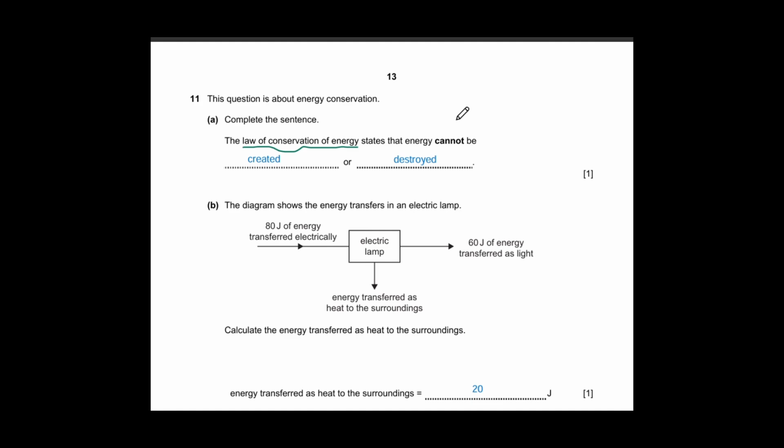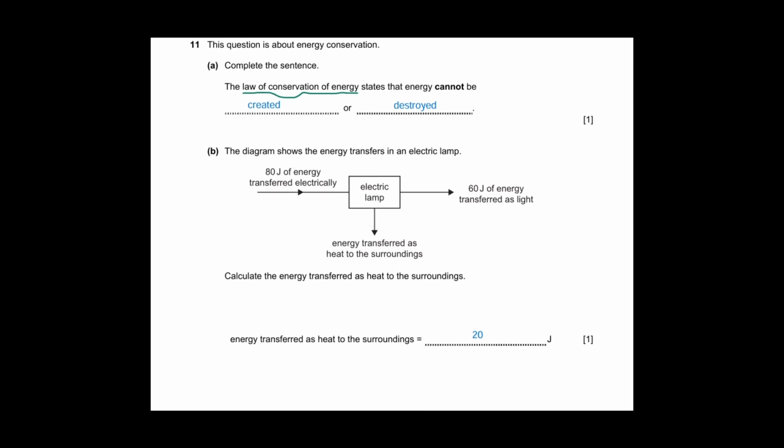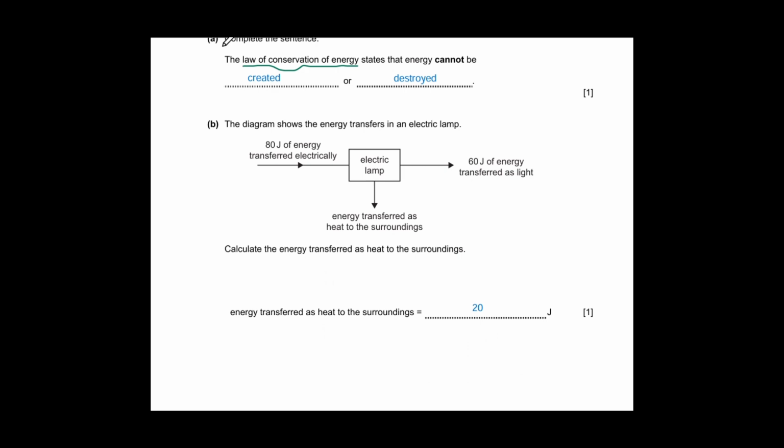It can only be converted from one form to another, from kinetic energy to gravitational potential energy, or from chemical energy to maybe heat energy. So energy can be converted, but it can never be lost. That means total energy input should be equal to total energy output.